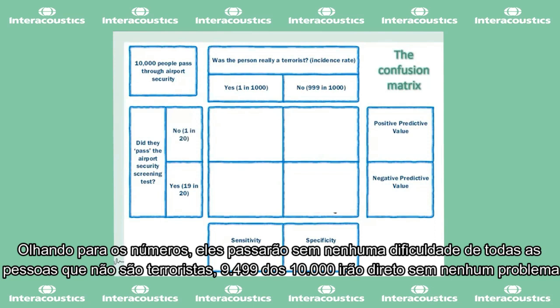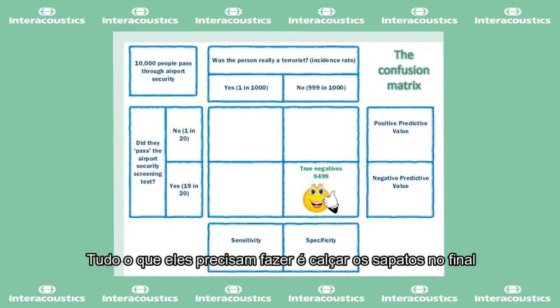So if we look at the numbers that go through without any difficulty, of all the people that aren't terrorists, 9,499 of the 10,000 pass straight through without any problems at all. They're happy. All they have to do is put their shoes back on at the end.